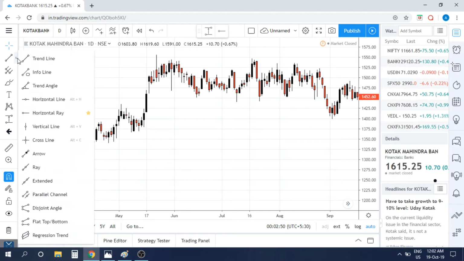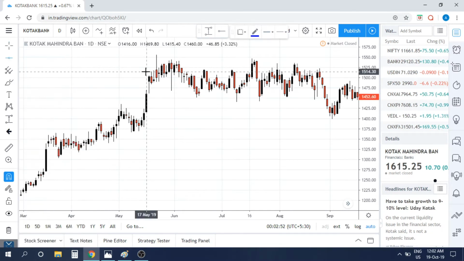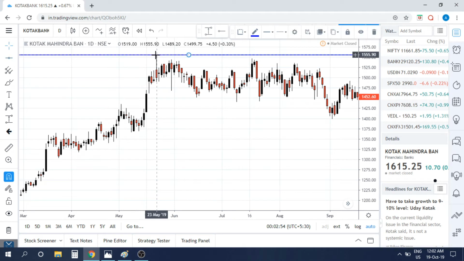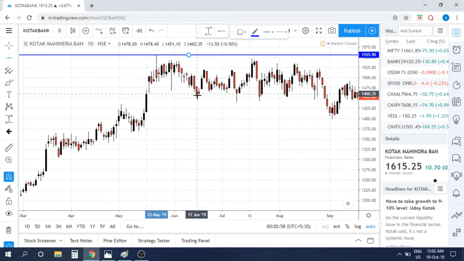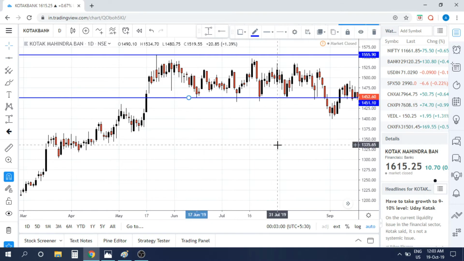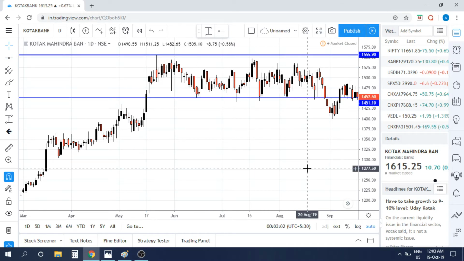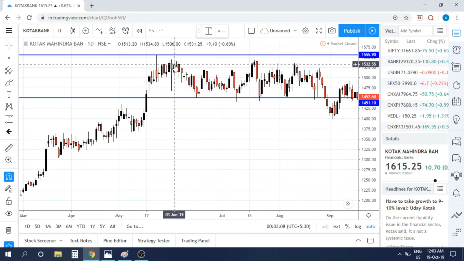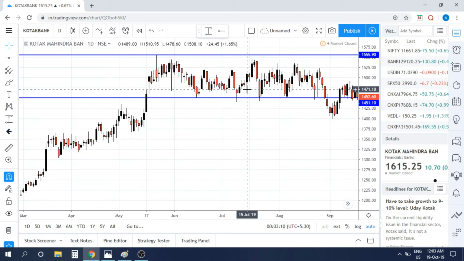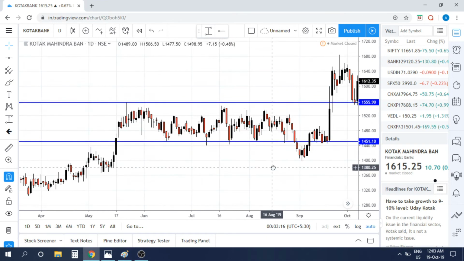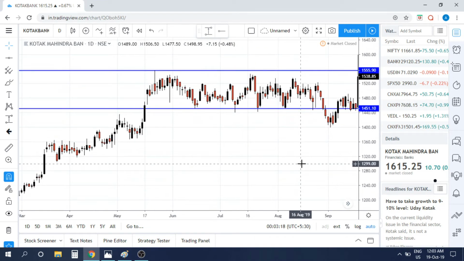If I draw this horizontal line here, and another one here, essentially these were the support and resistance lines, and this was the range within which price was moving up and down after a nice rally.